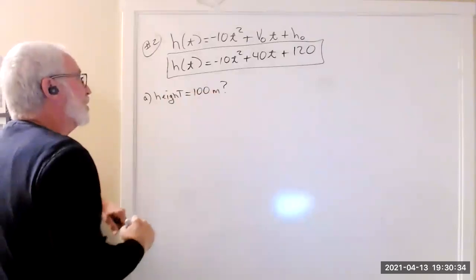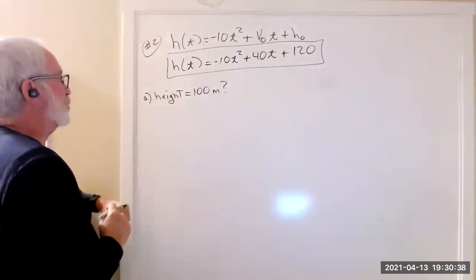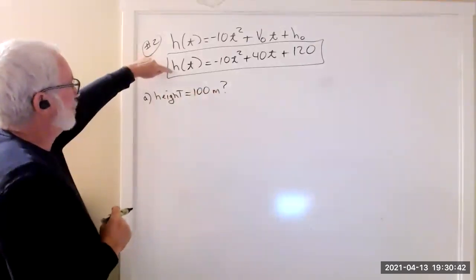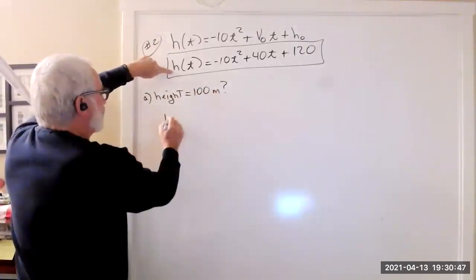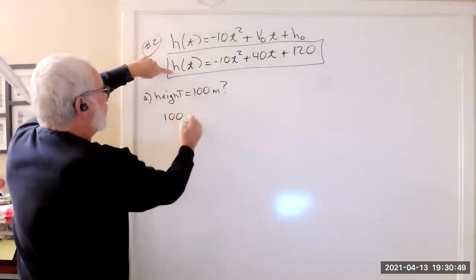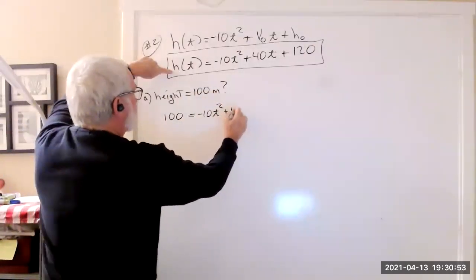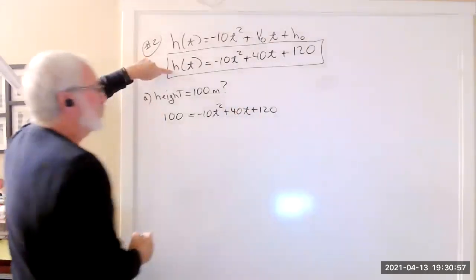Where's the only H I can plug it in for? The front one? So our work would start like this: 100 equals negative 10t squared plus 40t plus 120.